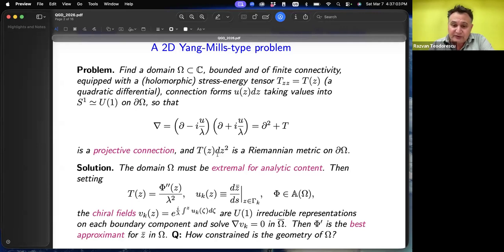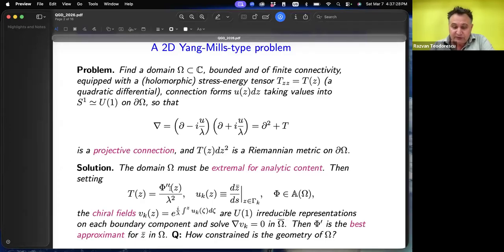Along with this solution, we will obtain another set of faithful representations of U1, which are the functions denoted by Vk, and which, in the sense of quantum theory, are chiral fields. They will be associated with a definite orientation of the boundary component on which they are based.